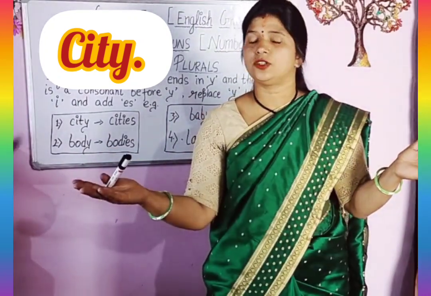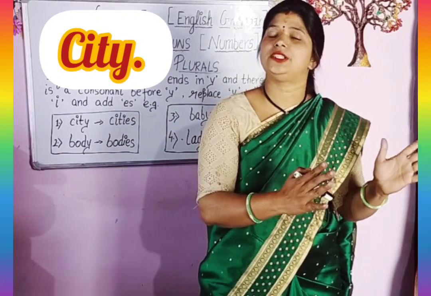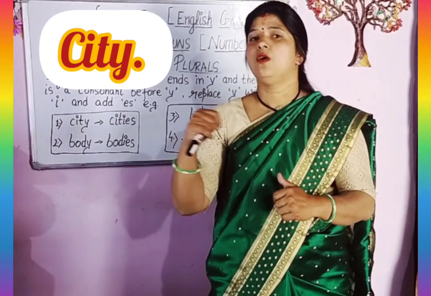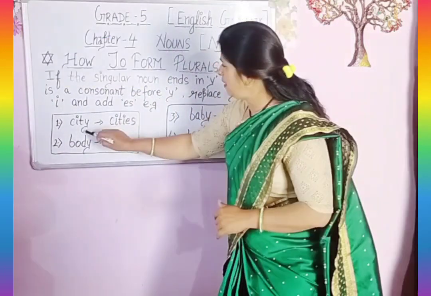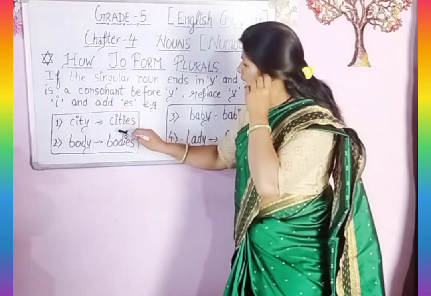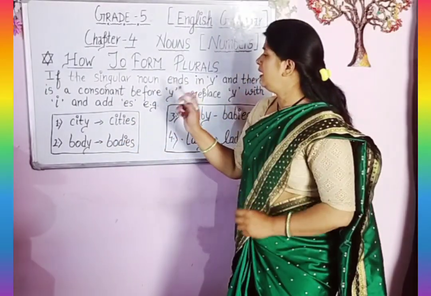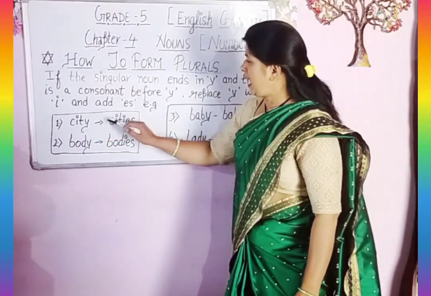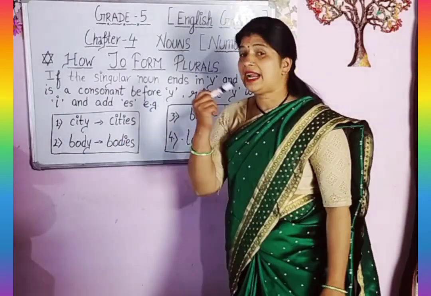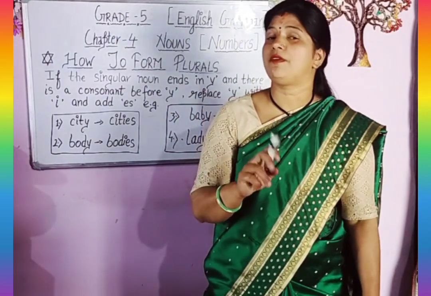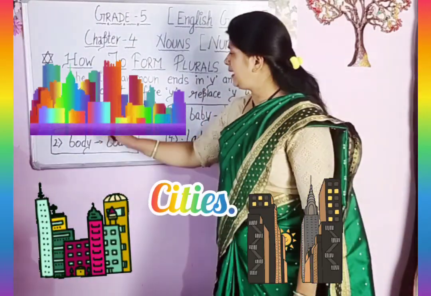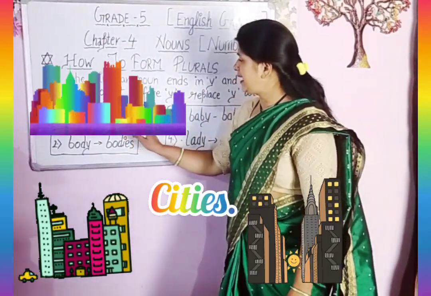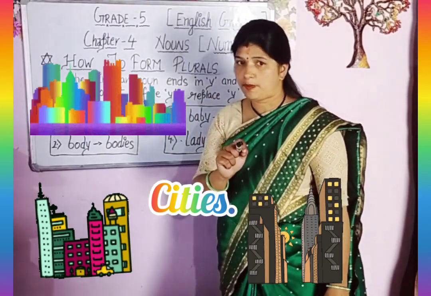So how will we change it from singular to plural? In place of Y, we will put I, and at the last we will add ES. So what will it become? C-I-T-I-E-S. Have you got the point?